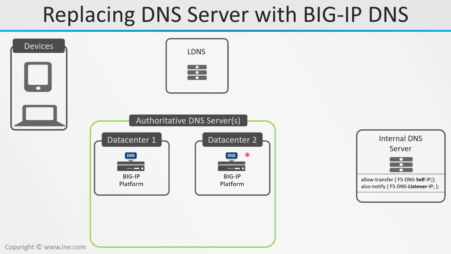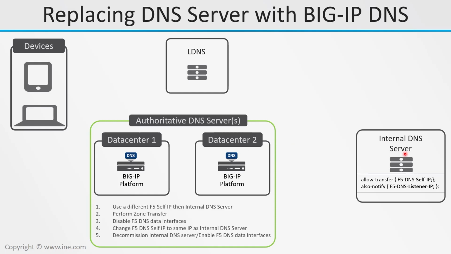Maybe you want to use DNSSEC or transparent cache or rapid response DNS to better protect against DDoS. There's a lot of features and capabilities that the Big IP DNS has over a traditional DNS server. So if you wanted to fully replace it, you could run through those steps.